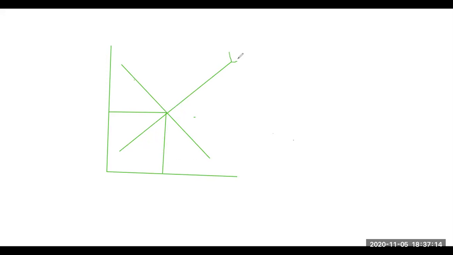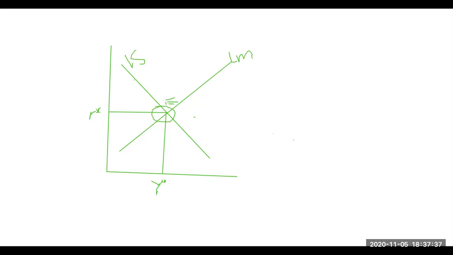So this is LM, this is IS, and this is our equilibrium point. This is equilibrium income, we call it Y star, and this is the equilibrium interest rate.